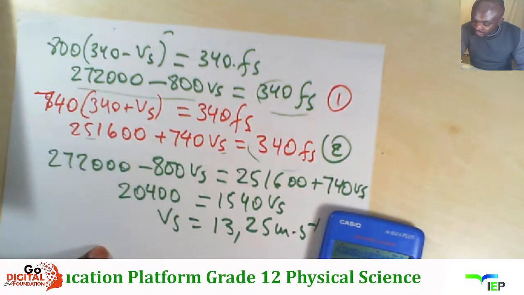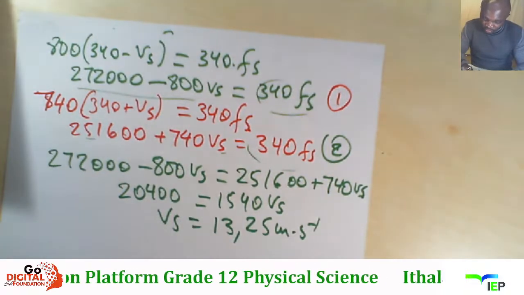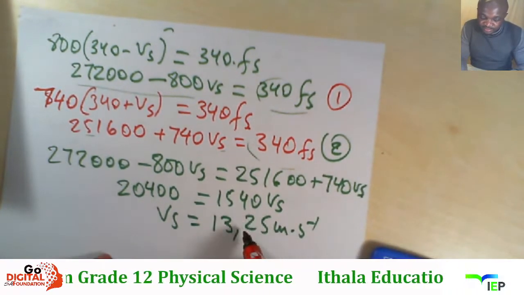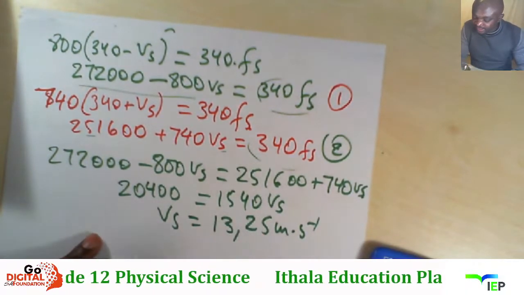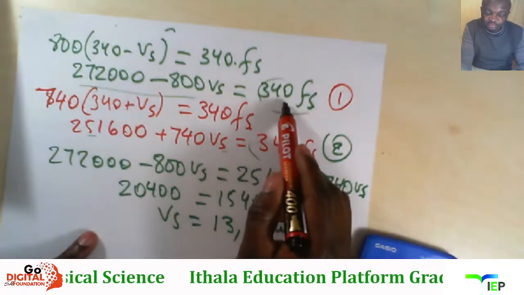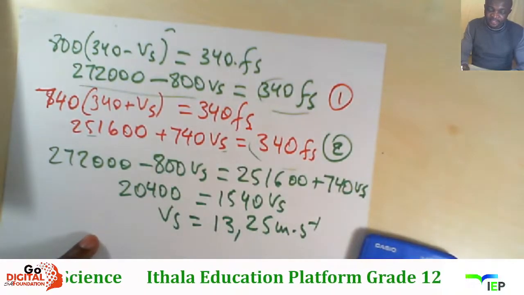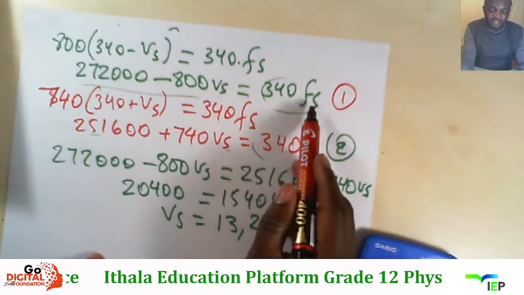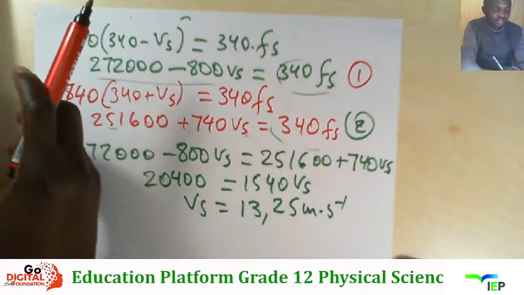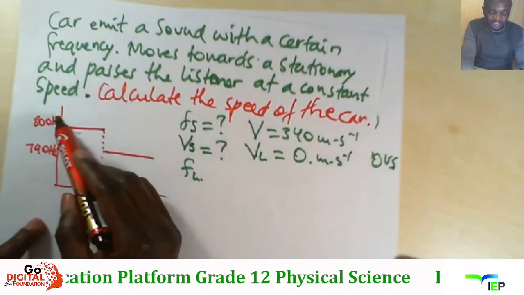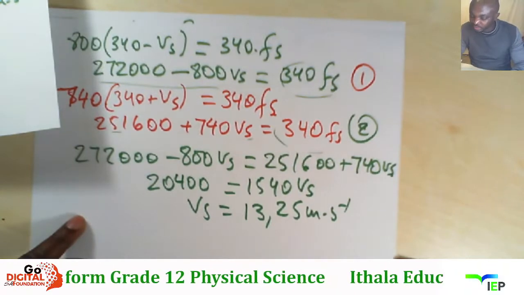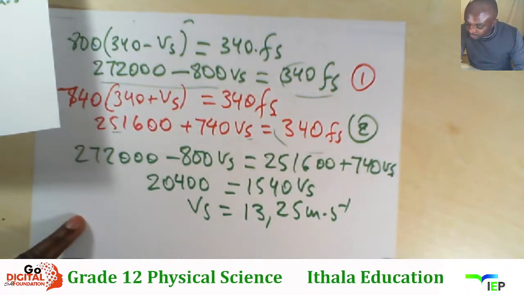I need to work out 800 times 13.25, then divide by 340. Now, when you get Fs, the answer should be in between 800 and 740.